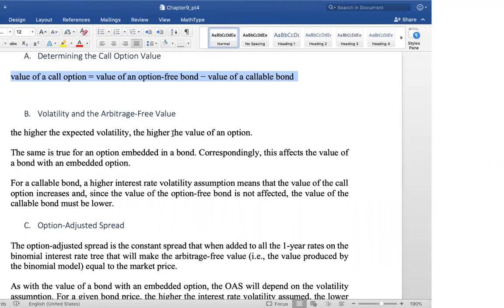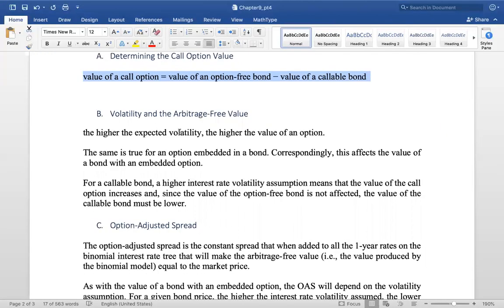And when this value of option will increase, it means the value of the embedded bond decreases, right? The same is true for an option embedded in a bond. For a callable bond, the higher interest rate volatility assumption means that the value of the call option increases, and since the value of option free bond is not affected, the value of the callable bond must be lower, and it's the same for the reverse.